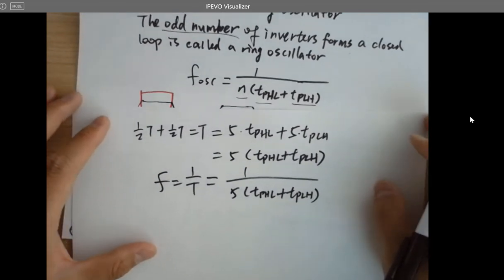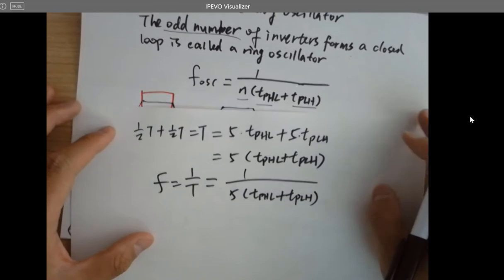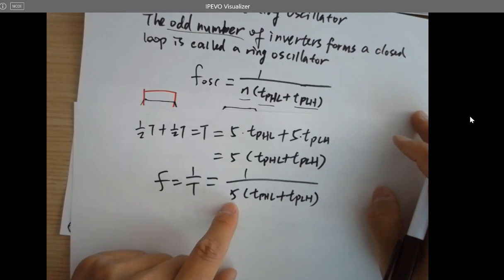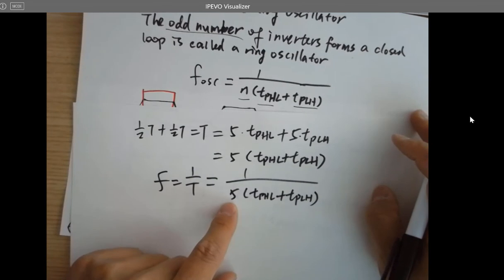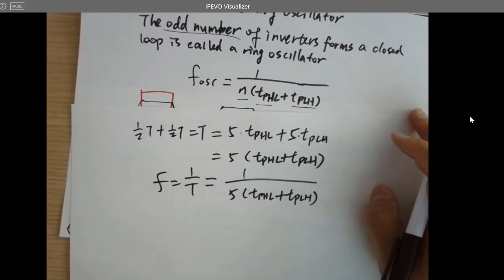That's how you calculate the oscillating frequency of the ring oscillator. So here's the equation, and that's a parameter, the number of inverters you want to plug into this equation to calculate F. Is that making sense? Okay.